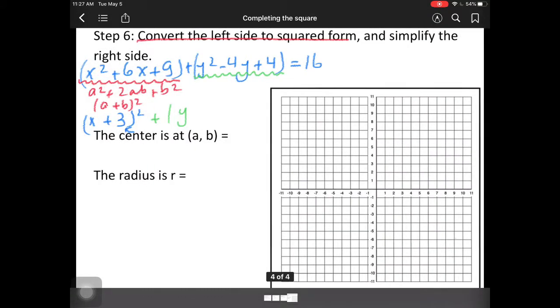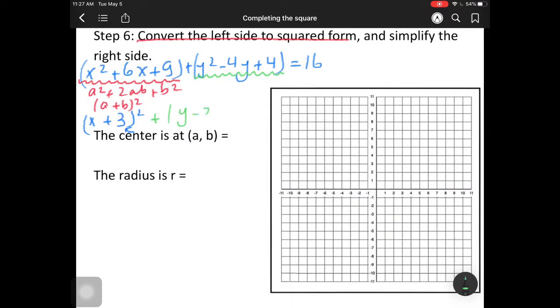So this is (y minus 2) squared. And simplify the right side. Simplifying the right side, you want to write it as r squared, right? So instead of writing 16, you write 4 squared. So this equals 4 squared.